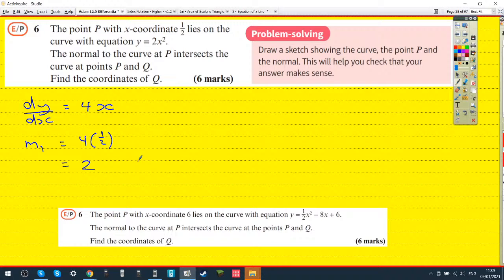Then we substitute 2 into 2x squared. No. This is m, that is x. That's a formula for x. We substitute a half into it. So it'd be 2 times a half squared, which is a half.